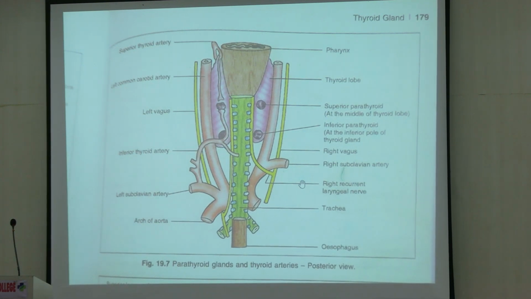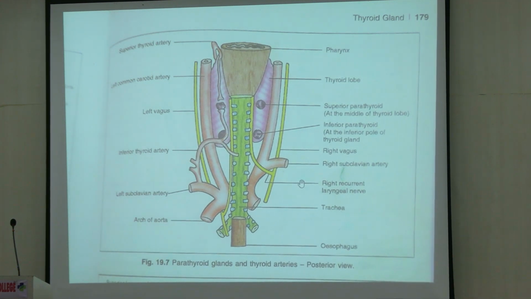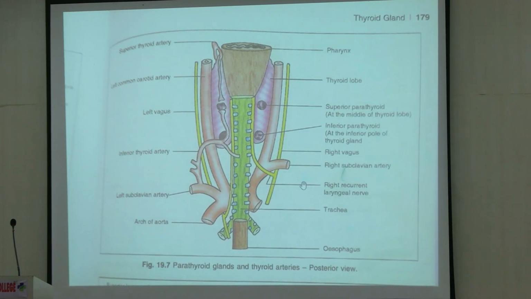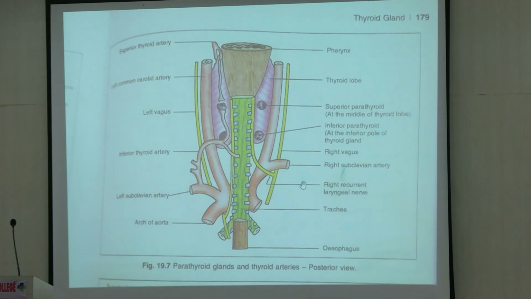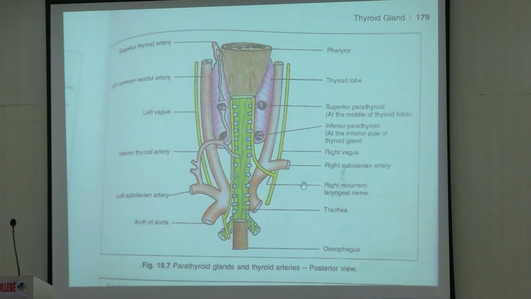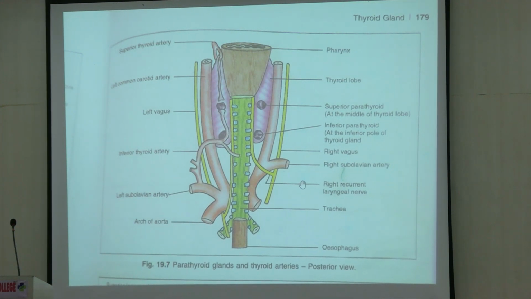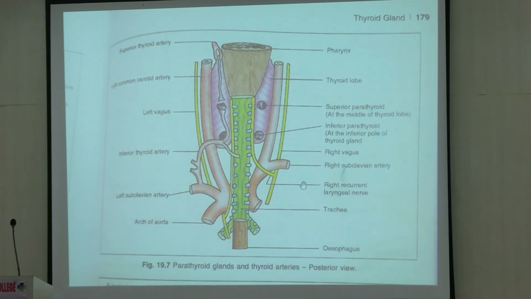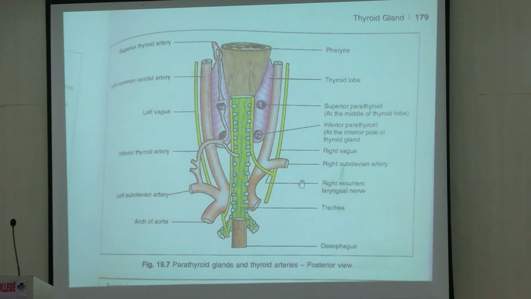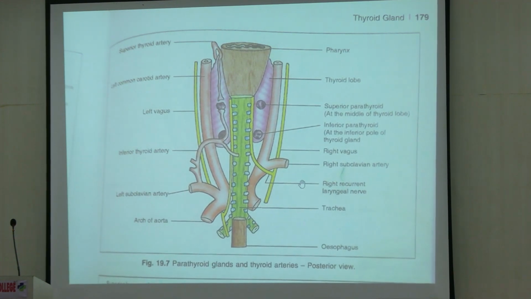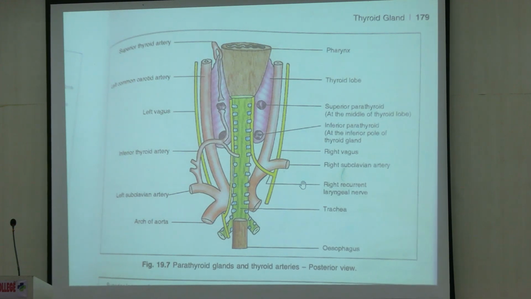They are called accessory arteries of the thyroid gland. Because the medial surface lies in contact with this tubal structure, some supply may also come to the thyroid gland from there, right? So these are the arterial supply.